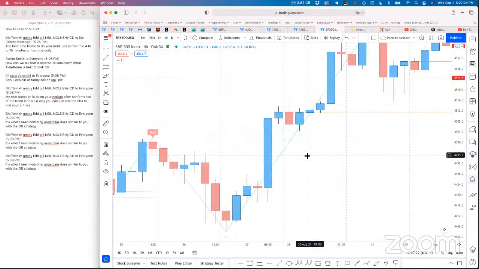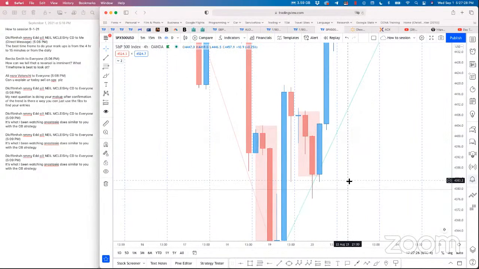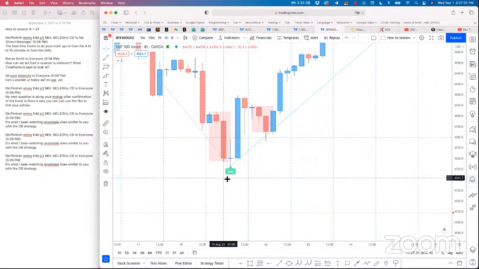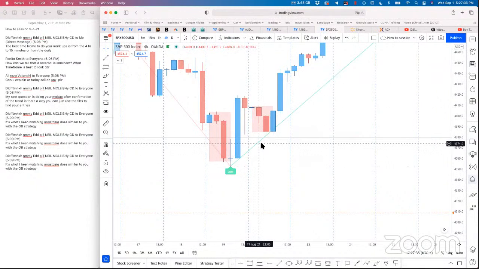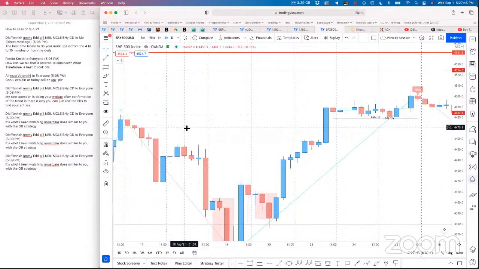So you always want to know what's going on with those candles. 1, 5, 9, impulse. So repeat it: 1, 5, 9.